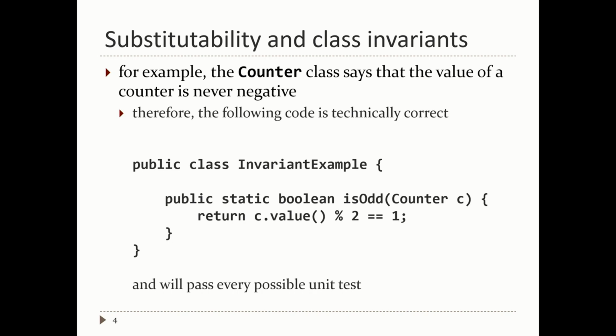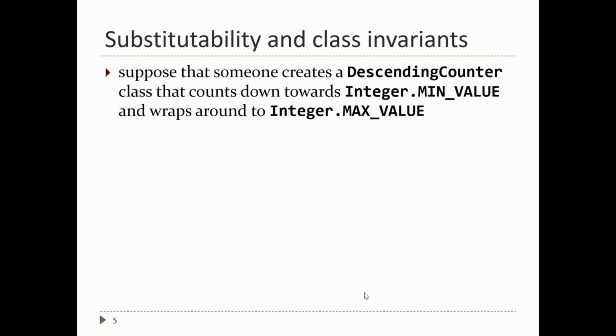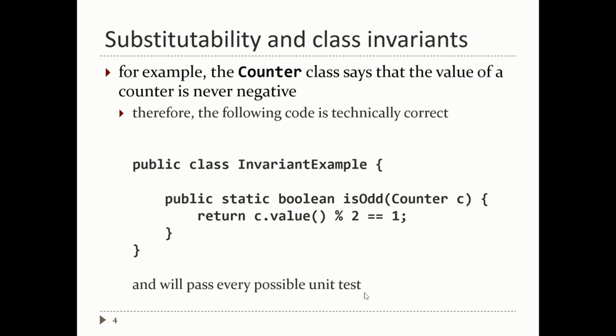Counter says my value is always 0 or positive, so if you take a 0 or positive number, divide it by 2 and look at the remainder, if the remainder is 1, it's odd. So given the contract of Counter, this method is provably correct, mathematically correct. It will pass every unit test that you could possibly write using Counter.